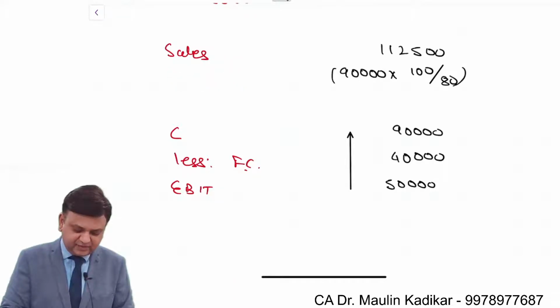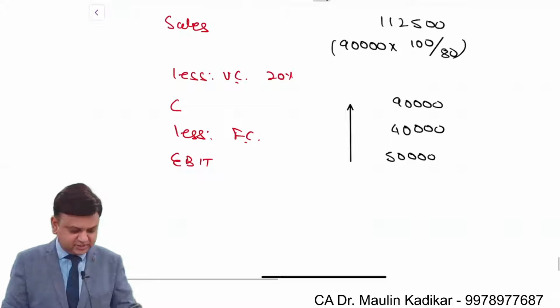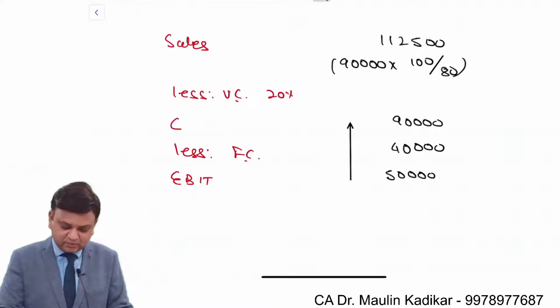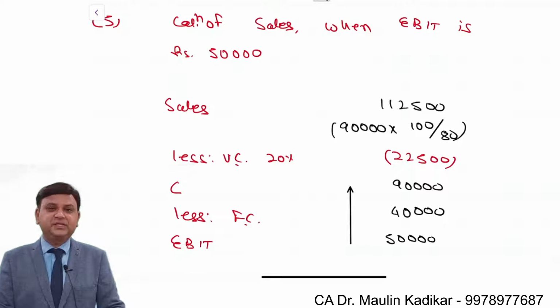And from that, the variable cost will be deducted. It is 20% of the sales. That is 22,500. So the present sales of 1 lakh should increase to 1,12,500.